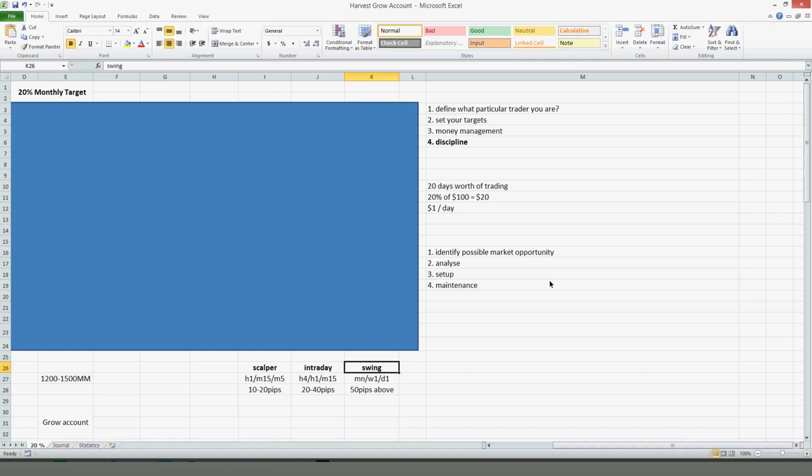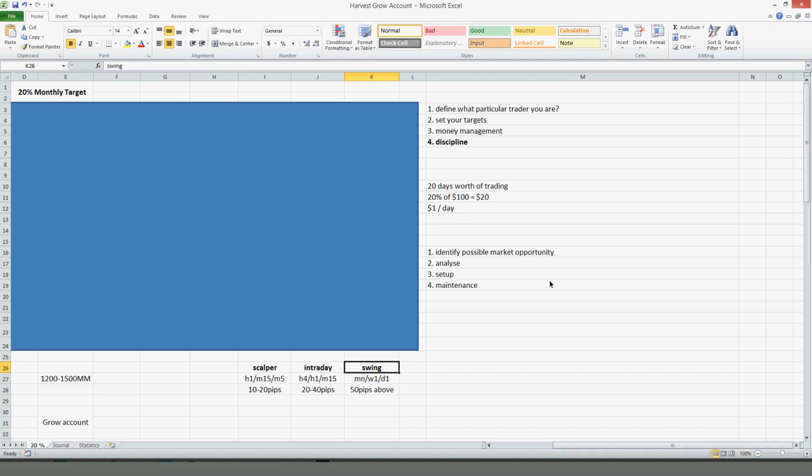But if your entry is a daily entry or an H4 entry, then that's a much more rational way of thinking, because daily setups might go 100 or 200 pips down or up.